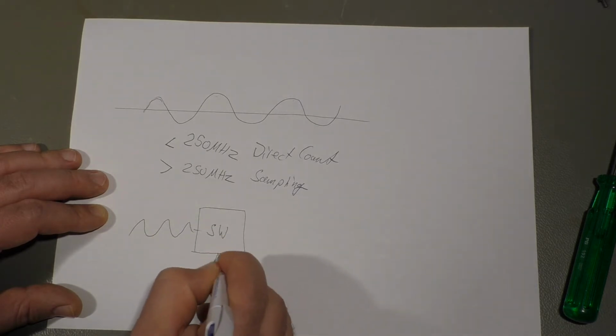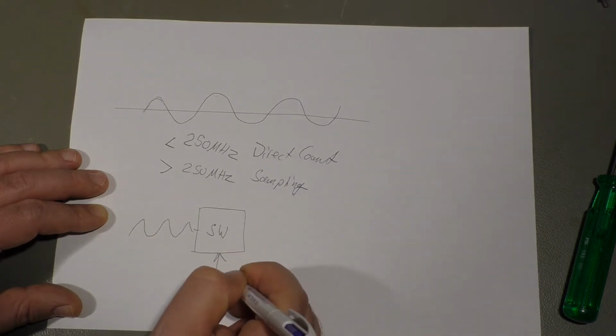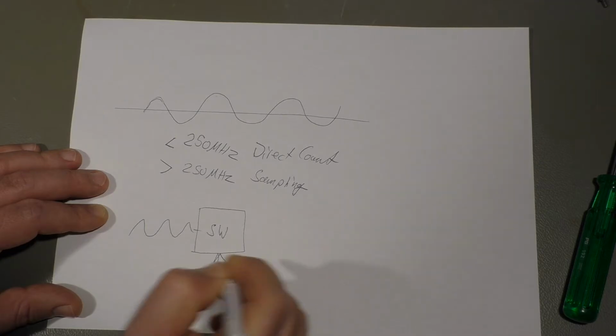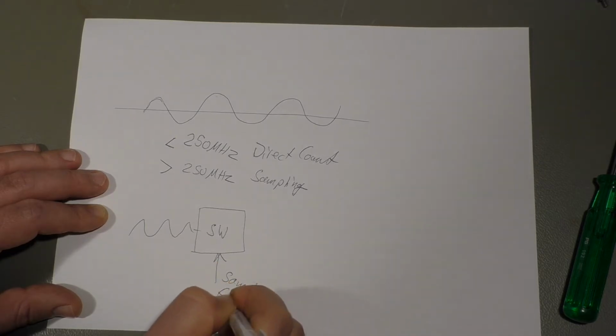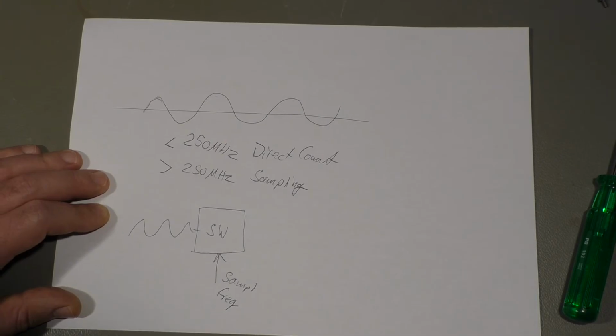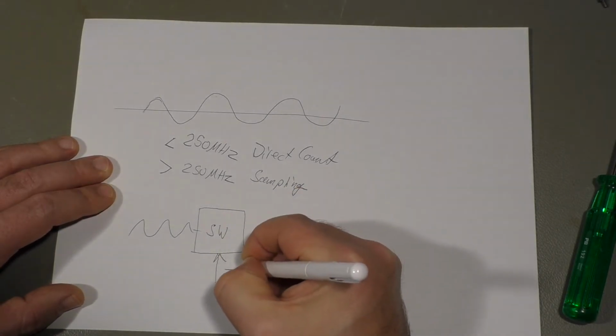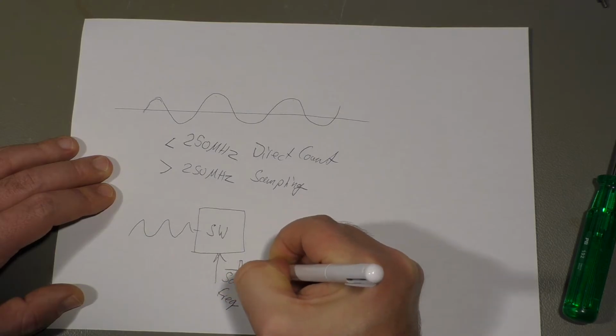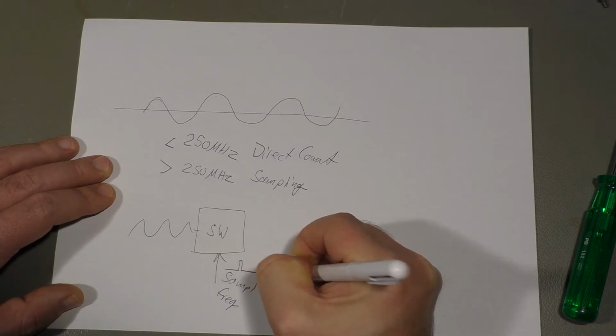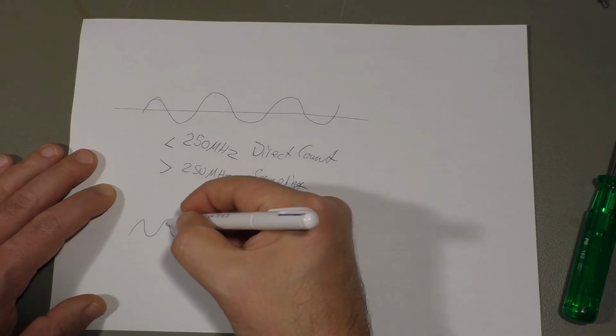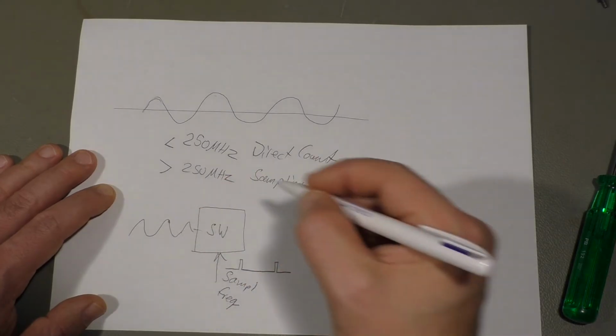Here you go in with the sampling frequency. And what it does is, for that moment when the sampling is on, a short pulse here only, you measure the voltage of this sine wave.